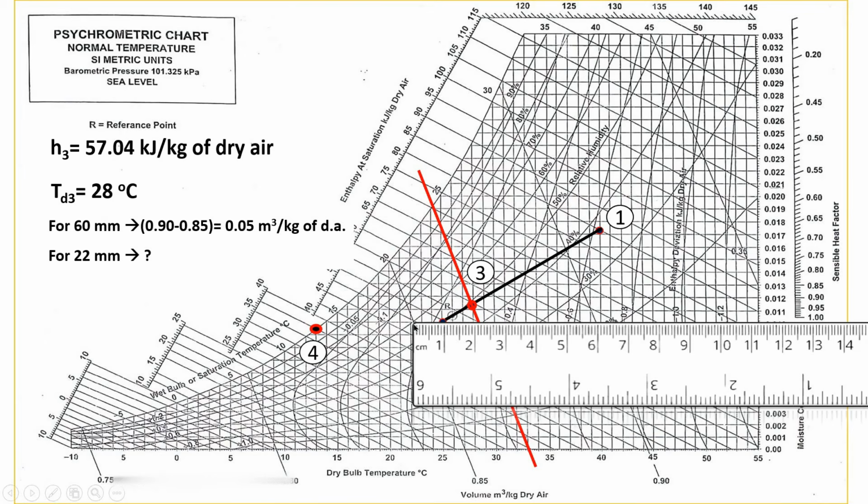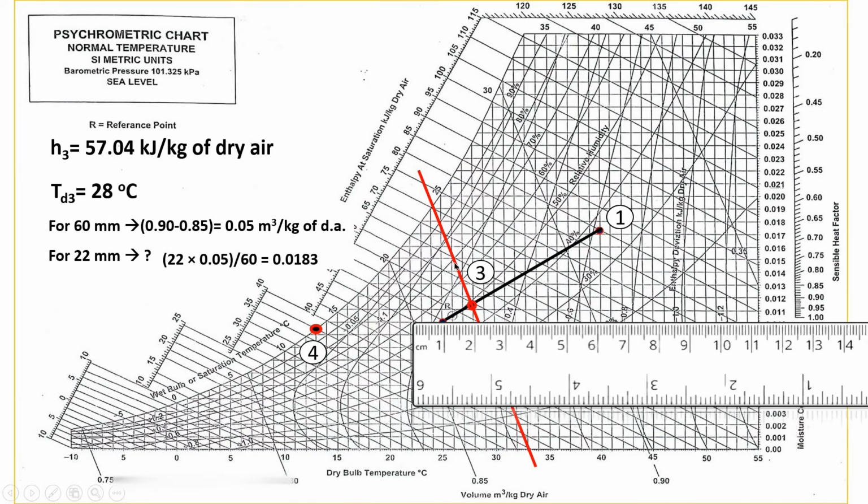And here the distance between the point 3 line and the 0.85 line is around 22 mm. So for 22 mm, how much will be the change in specific volume? We can calculate this change by using 22 into 0.05 divided by 60, which is equal to 0.0183. So for this 22 mm distance, the change in specific volume is 0.0183.